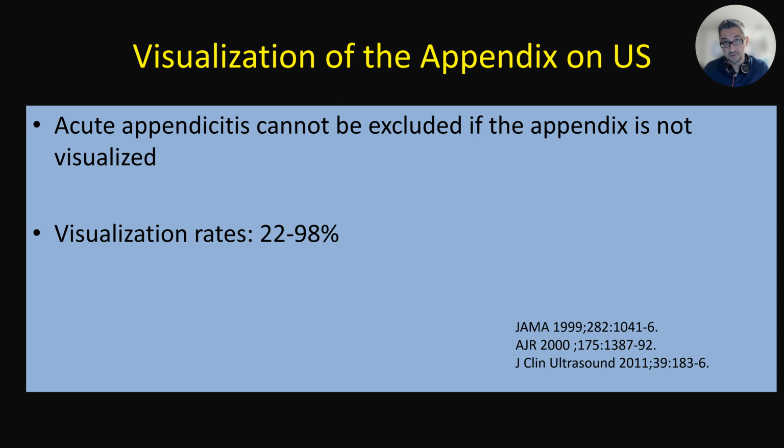Ultrasound is a reliable tool when the appendix is visualized, but the appendix cannot be visualized all the time. The visualization rate ranges between 22 to 98% depending on the experience of the sonographer or the radiologist. Acute appendicitis cannot be excluded if the appendix is not visualized.